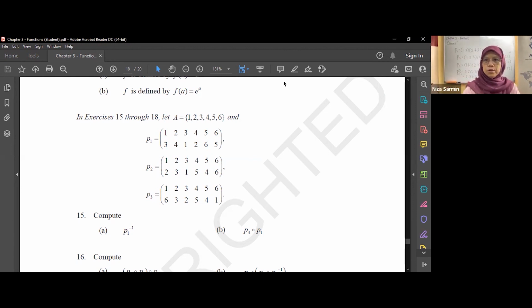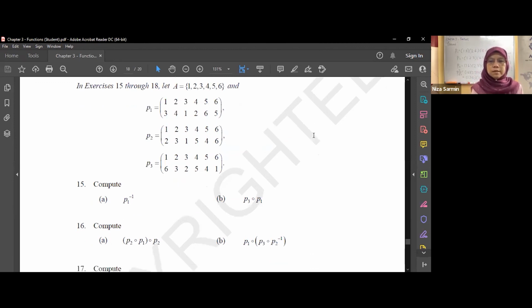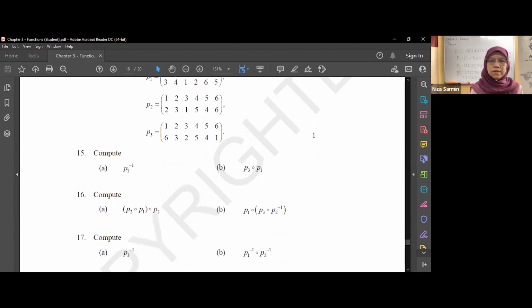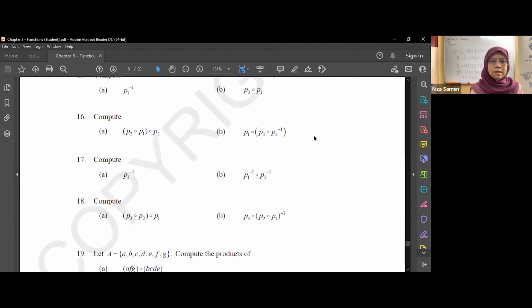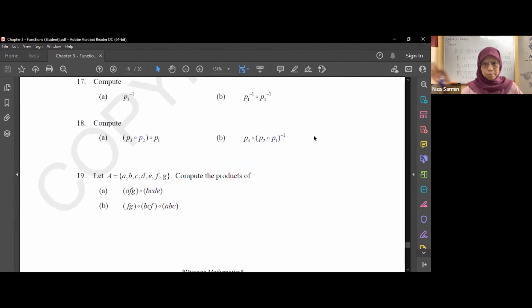So I don't have much time. Then you can do the rest. 15, 16, 17, 18, just multiplying. If there are many, just put them together and multiply from the right until the left. Okay? Until the left.